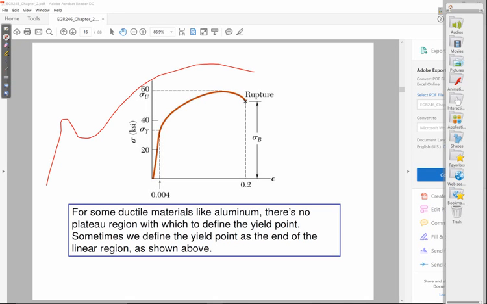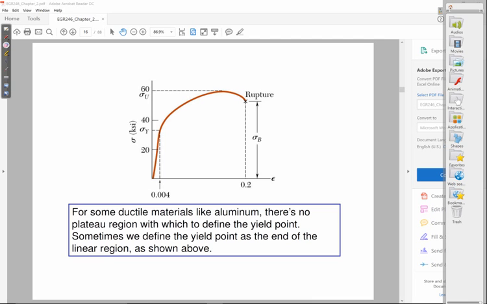There's none of that going on here. There's no peak and then a dip in aluminum. And there's only one critical consequence of that, and it's that it's very difficult to determine the yield point for aluminum.